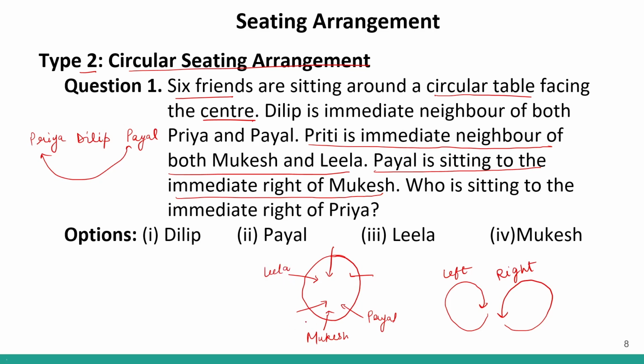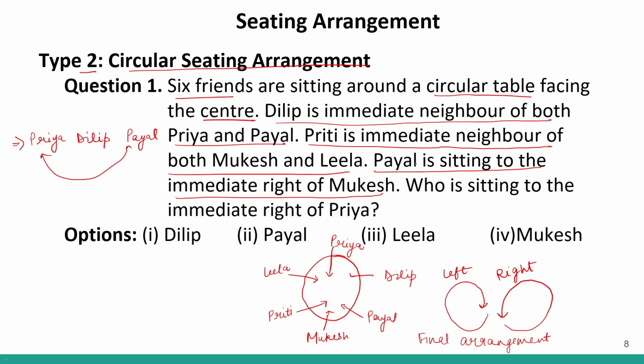And between Mukesh and Leela, we can have Preeti, correct? Now we can use the information that Dilip is immediate neighbor of both Priya and Payal. So if Payal is over here, Priya will be over here, and between them, we will have Dilip. So this will be my final arrangement, correct?